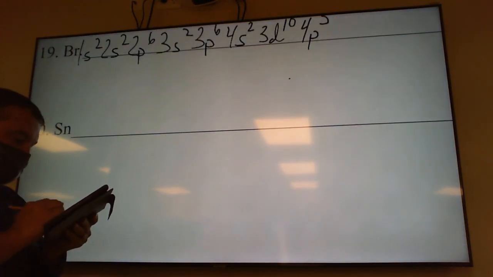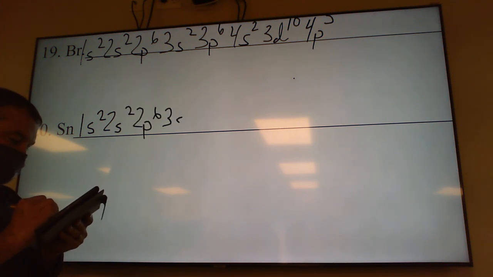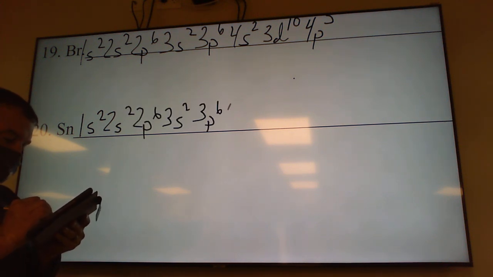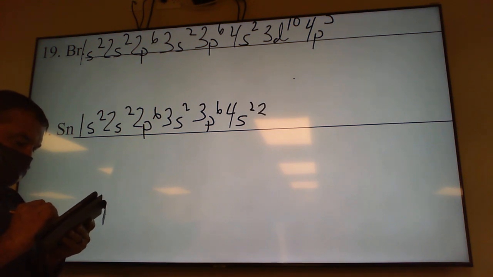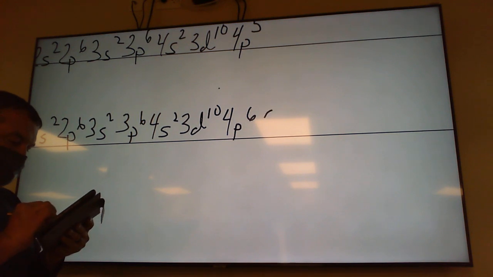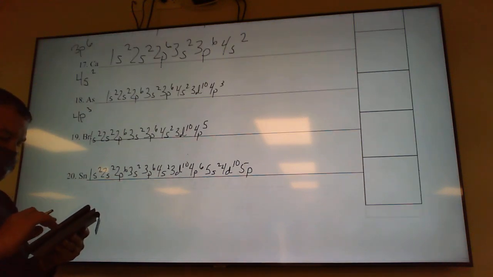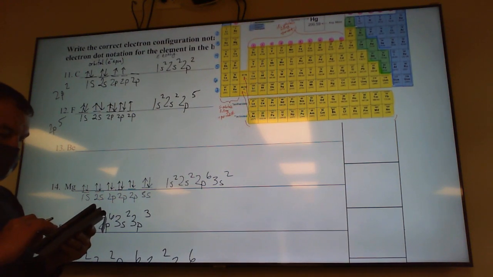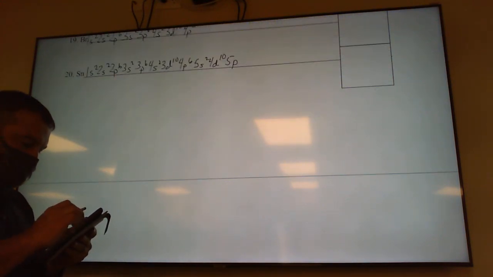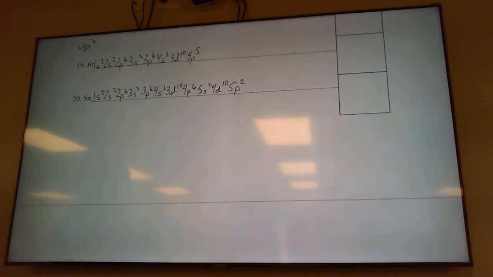So I'm going to go ahead and go 1s2, 2s2, 2p6, 3s2, 3p6, 4s2, 3d10, 4p6, 5s2, 4d10, and 5p, and we said it was how many over? 2. So that would be the electron configuration notation.